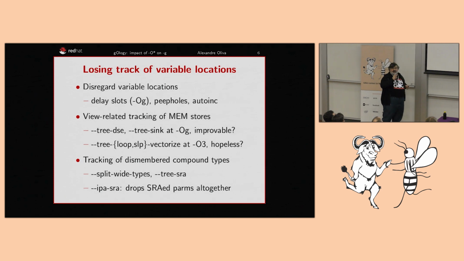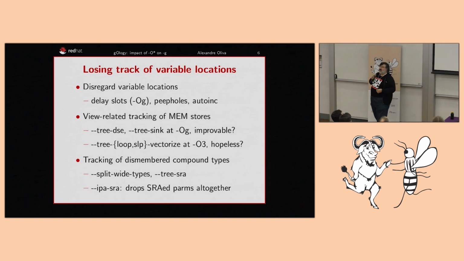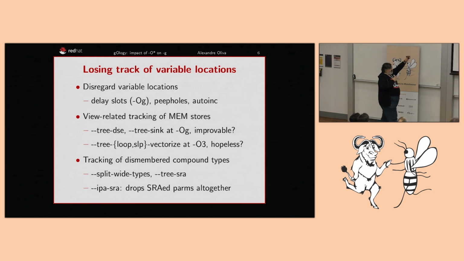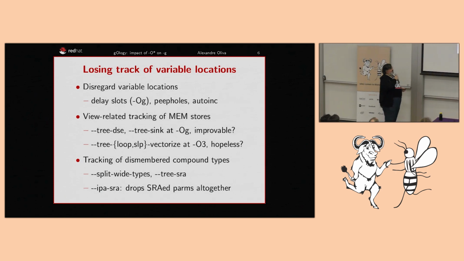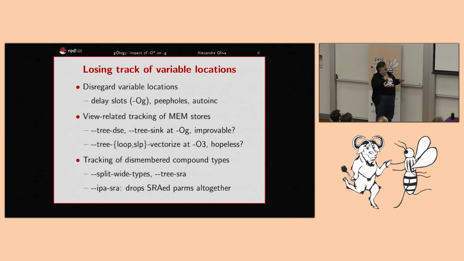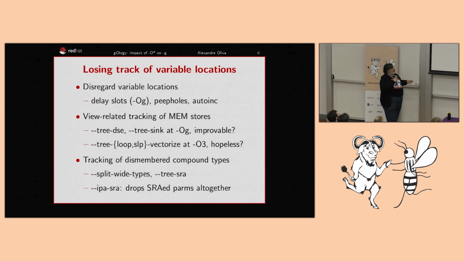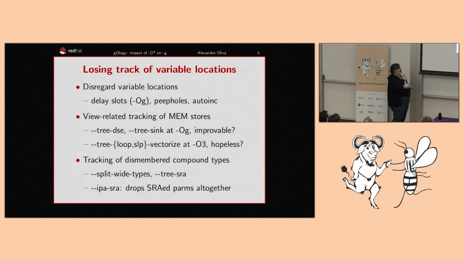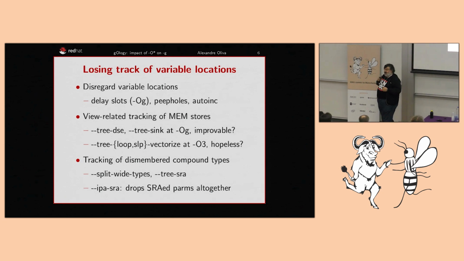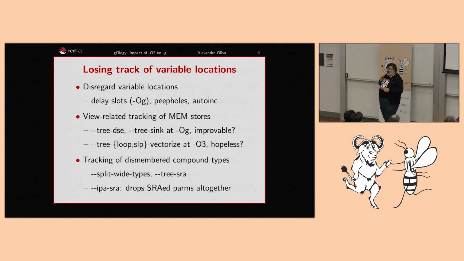Now, there are a number of passes that lose track of variable information, locations and values specifically. There are passes that just disregard variable locations altogether. The delay slot optimizations, they're enabled even at -Og. They actually mess things up pretty badly.